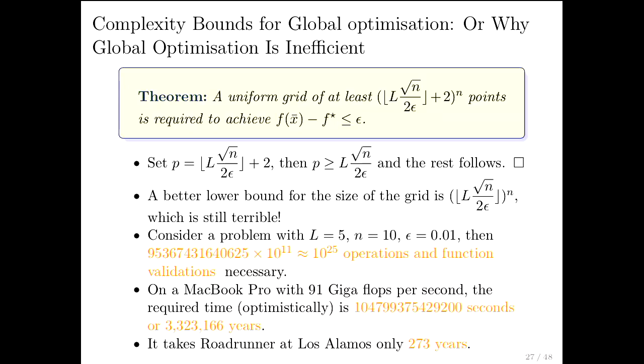Now, even if I assume my function validation take one flop, which is a very generous assumption on our computing power, on my MacBook Pro, it takes 3 million years. If I go and use Roadrunner in Los Alamos, it takes 273 years. It's the fastest computer now.